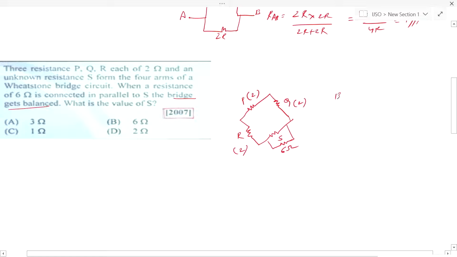So it's a case of balanced Wheatstone bridge. When this 6 ohms is connected in parallel, the bridge gets balanced. So what can we write? Balanced Wheatstone bridge condition is P by R equal to 2 by 2, is equal to 2 by 6s upon 6 plus s. Just solve this.